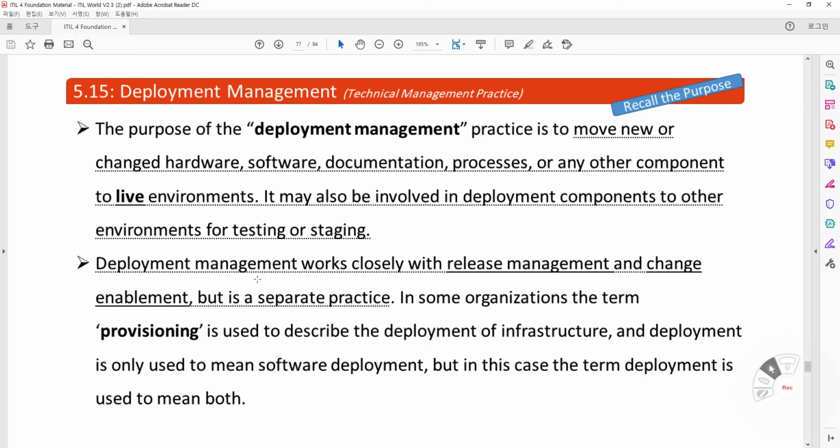Deployment management works closely with release management and change enablement, but is a separate practice. In some organizations, the term provisioning is used to describe the deployment of infrastructure, and deployment is only used to mean software development and deployment. But in this case, the term deployment is used to mean both.